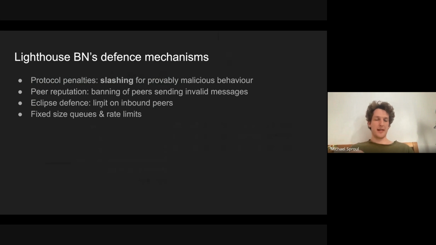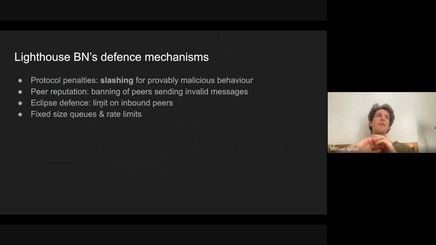We have a limit on inbound peers, so that if too many people show up and try to connect to us, we'll say no, we only accept maybe 10%, or I don't know exactly the ratio, but we only accept a certain fraction of connections as inbound connections, and we want to find most of our peers through outbound connections.